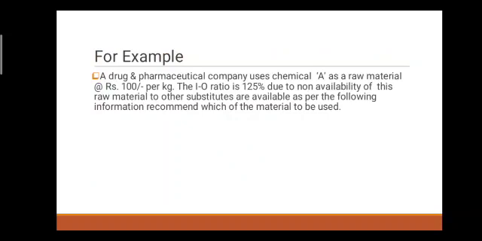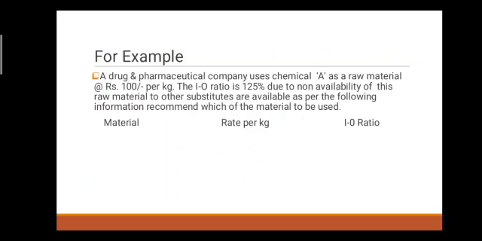For example, a drug and pharmaceutical company uses chemical A as a raw material at rupees 100 per kilogram. The IO ratio is 125%. Due to non-availability of this raw material, two other substitutes are available as per the following information. Recommend which of the materials is to be used.